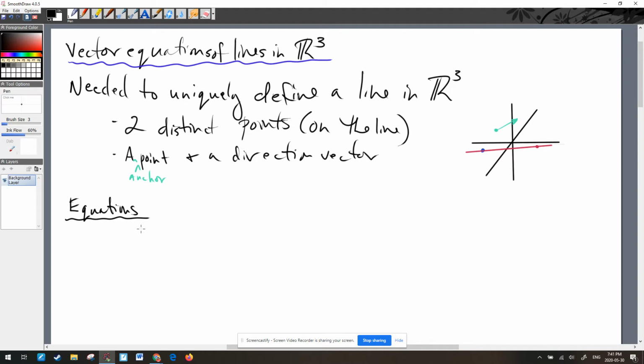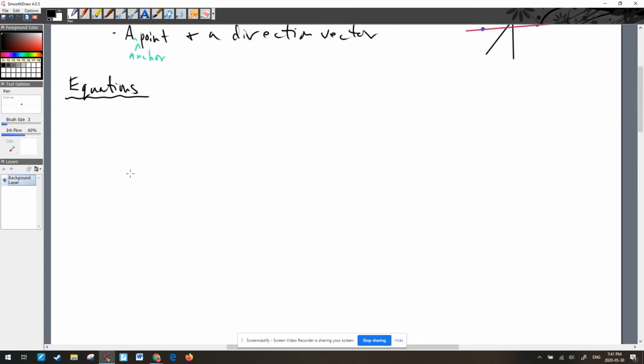So we're going to see some similarities here, certainly. The first one, unsurprisingly, is going to be a vector equation of a line in R3. And it's going to look very, very similar to what we did in R2.